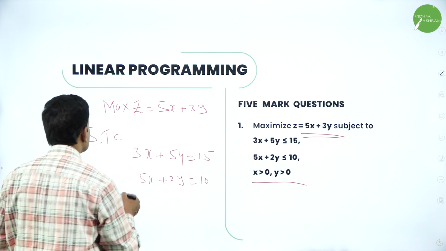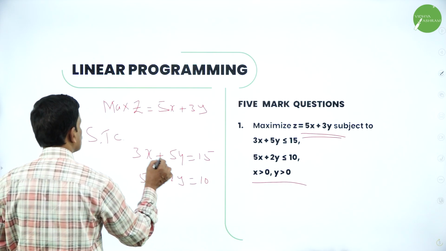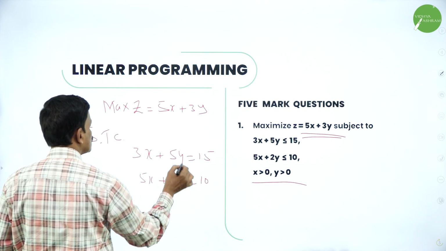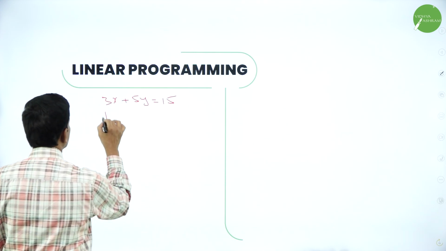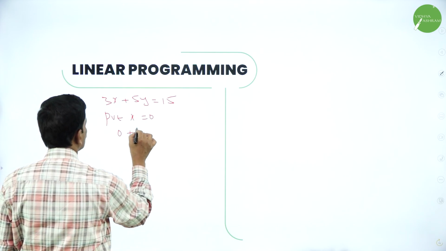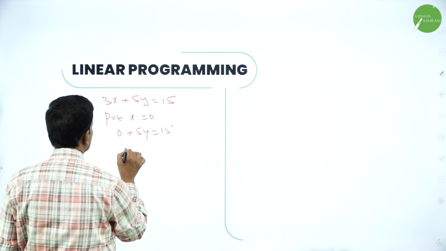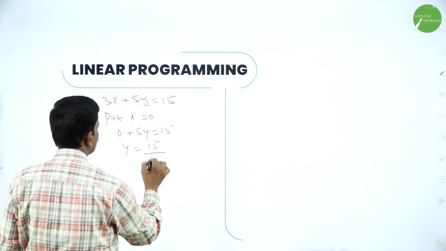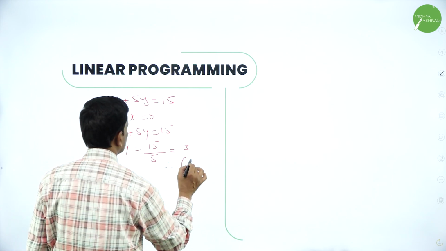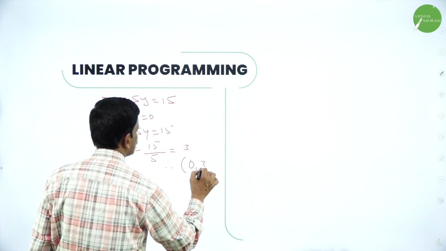Now let us solve this. Now first equation, 3x plus 5y is equal to 15. Now just put x is equal to 0, then this is 0 plus 5y is equal to 15, y is equal to 15 by 5, that's equal to 3. So let us consider the first point as x is 0, y is equal to 3.